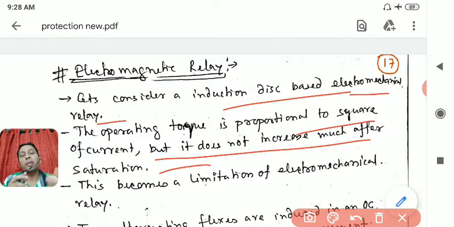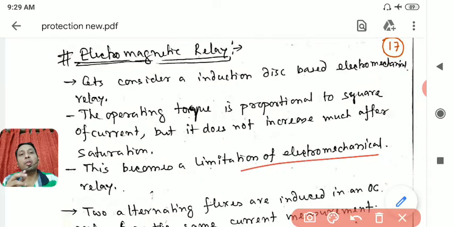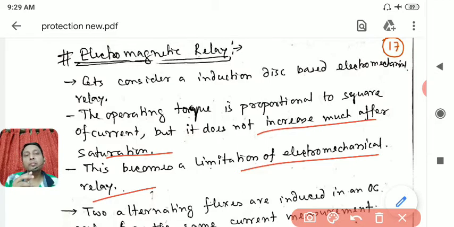If it saturates, then your operating torque is not directly proportional. So that becomes a limitation of your electromagnetic relay. The torque doesn't increase much after saturation.